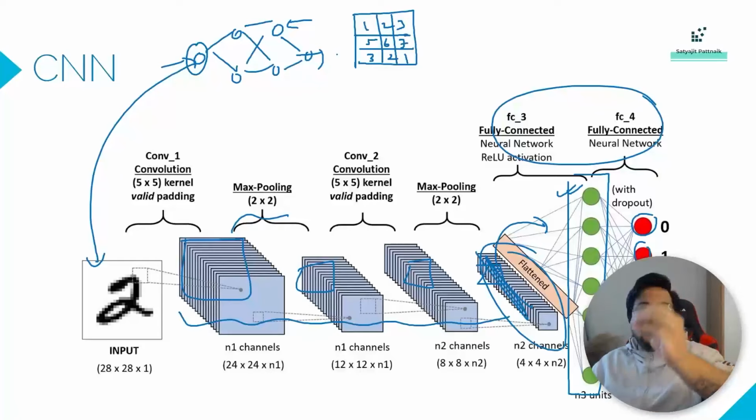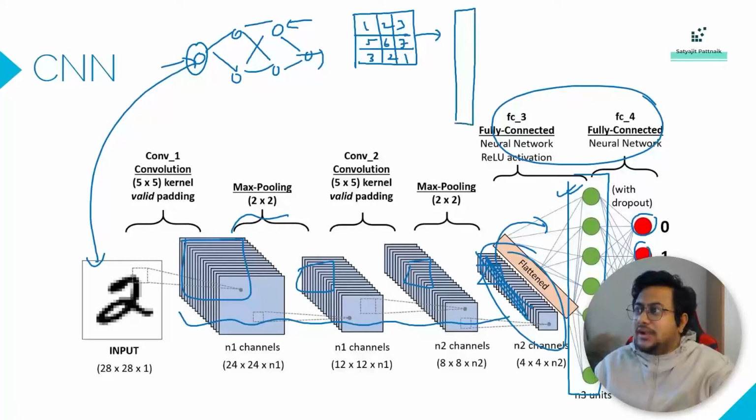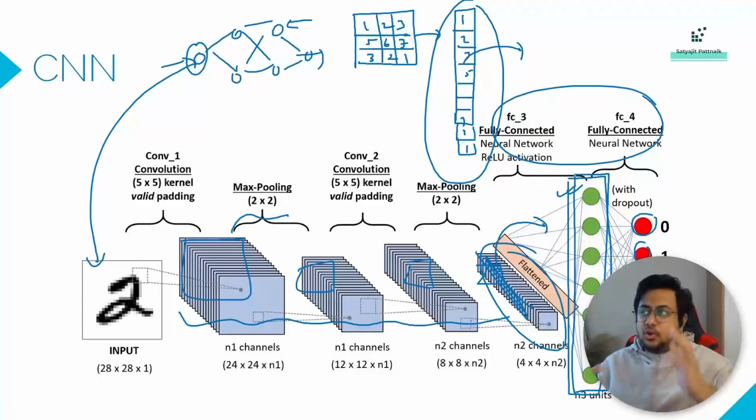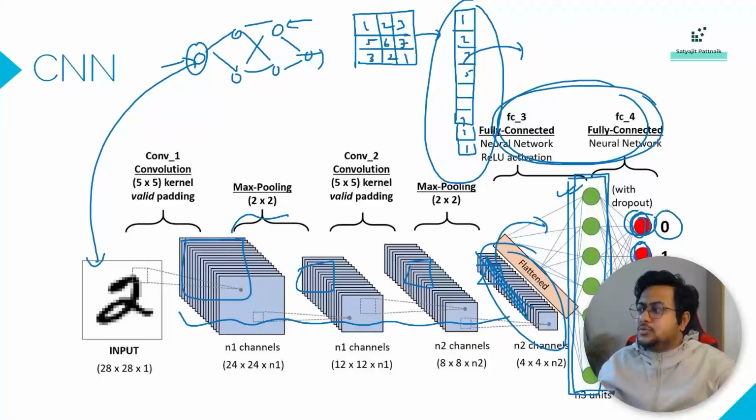When you flatten it, it basically becomes a one-dimensional format: 1, 2, 3, 5, 6, 7, 3, 2, 1. Why? Because only when it is in this format can it be connected to the next layer. So flattening is nothing but flattening. You just flatten it. Very simple. And then fully connected, and then the final output layer, which will be predicting.